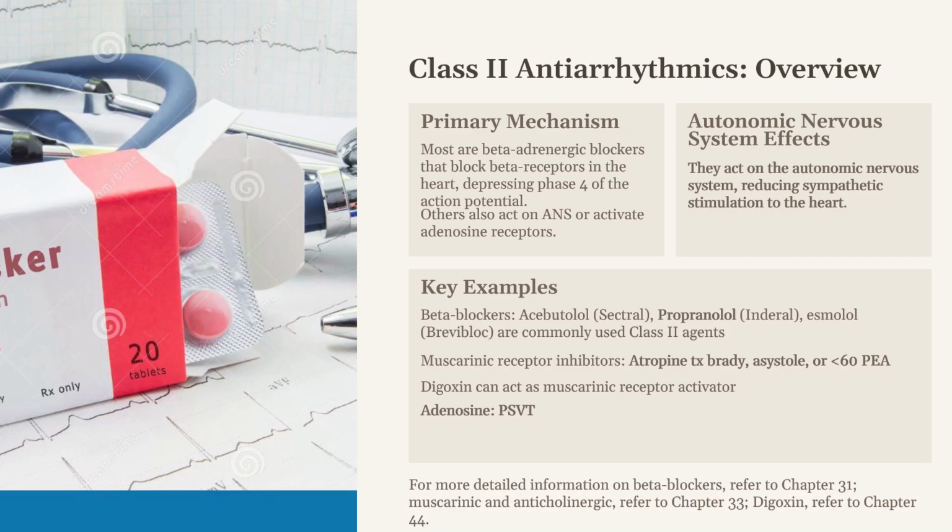Okay, moving on. Class two. So most of the ones that fall into class two, when you think of this, are beta blockers. Okay. What are beta blockers? They block the betas, that's right. And what does that make happen?